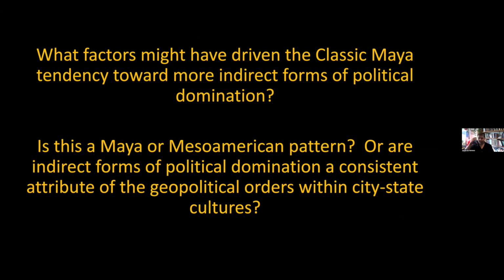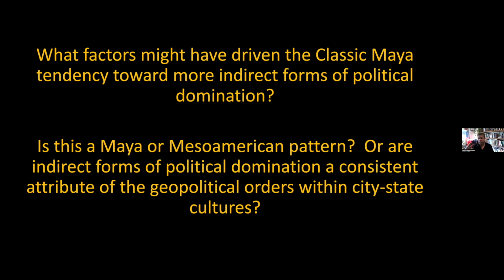So, in summary, to make sense of all this, I think it's useful to ask what are some of the factors that might have played a role in this tendency towards direct and indirect forms of political domination by classic Maya kings, or some classic Maya kings, over subordinates.